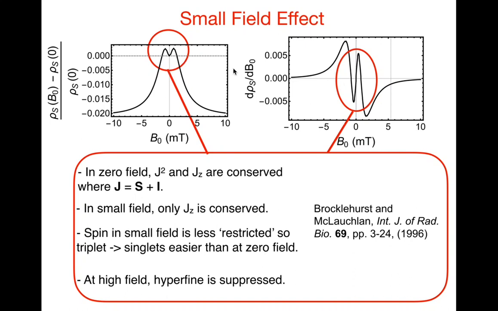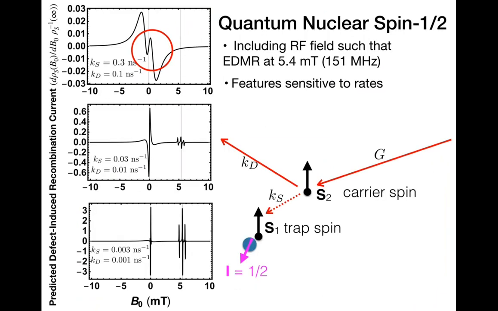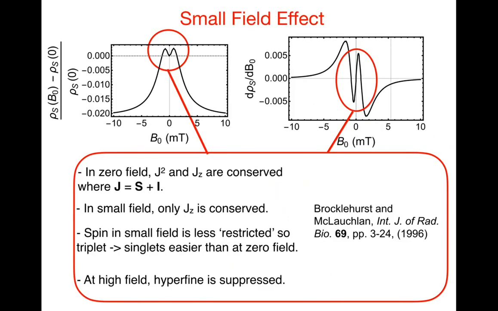Everything I've been plotting have been the derivatives of rho sub s, because what they're measuring experimentally is actually going to be the derivative of rho sub s, and it also shows features more clearly sometimes. But here's the integrated value of rho sub s, and here's the derivative.